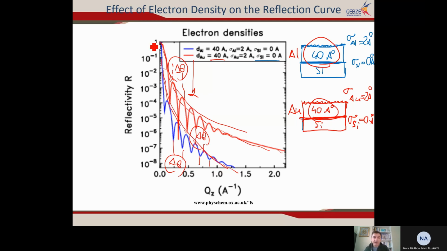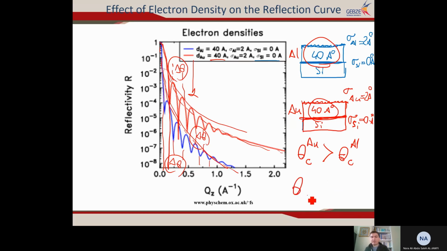In addition to that, look at the critical angle. In the case of the blue curve, which comes from the aluminum, we have a very small critical angle. In the case of gold, we have a much bigger critical angle. So I can write like this: the critical angle of the gold film is bigger than the critical angle of the aluminum film. Why?